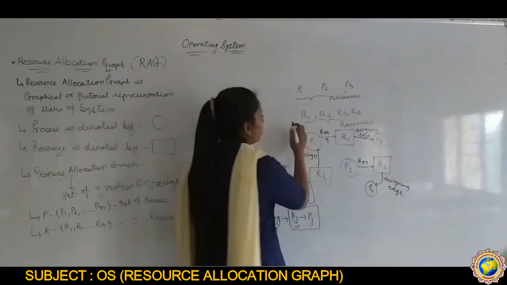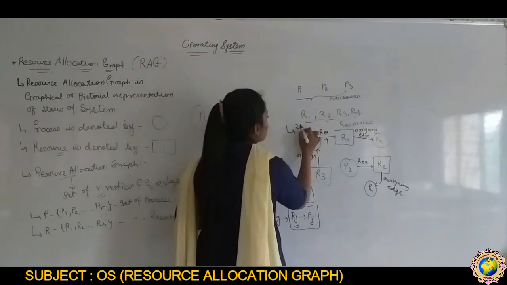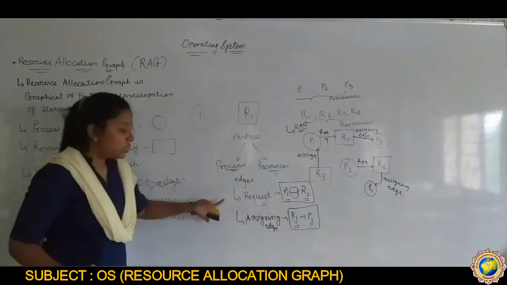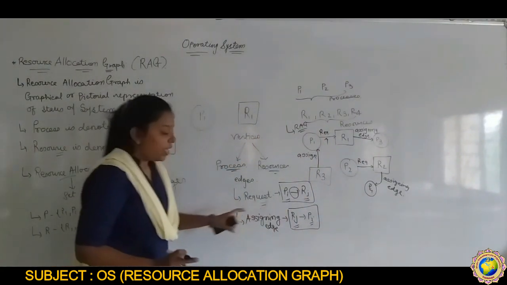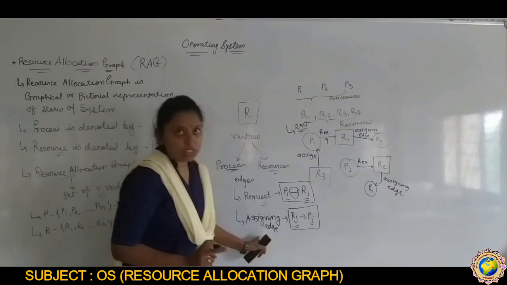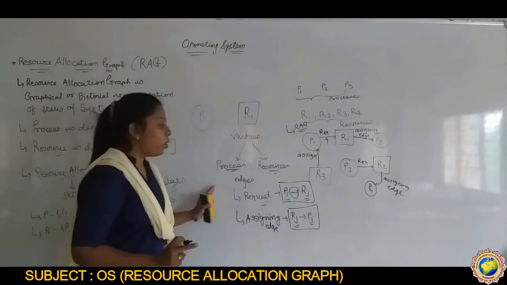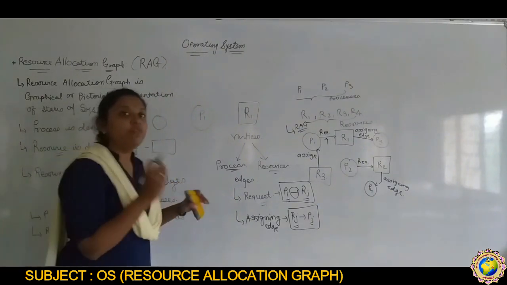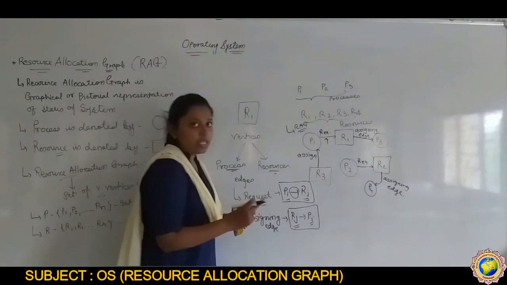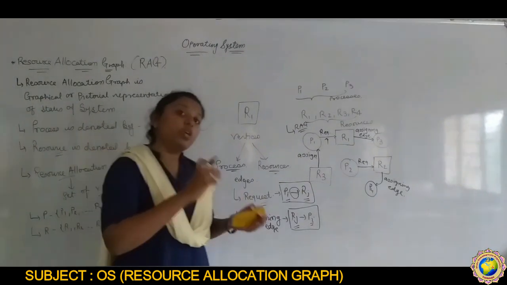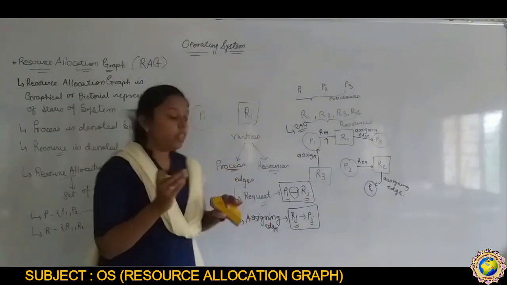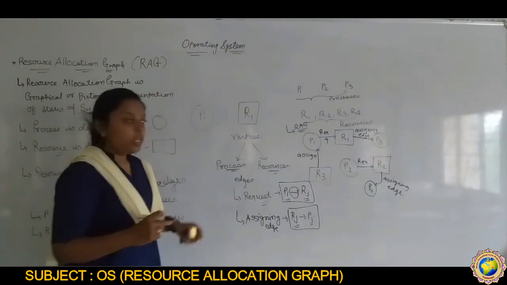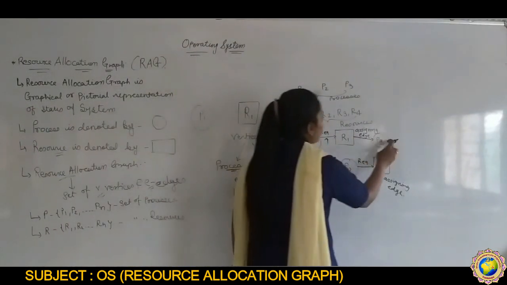Whenever we represent any resource allocation graph, keep in mind the edges: first, the request edge, and second, the assigning edge. Request edge means whenever a process requests any resource, we use the request edge, and when a resource is already allocated to any process, we use the assigning edge. So this is about the resource allocation graph.